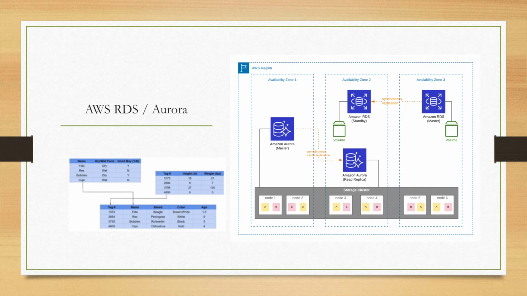In AWS, it provides RDS, which is the relational database. You can use MySQL in the RDS. Also, AWS provides Aurora, which is created by the AWS team and supports MySQL or PostgreSQL language to operate it.